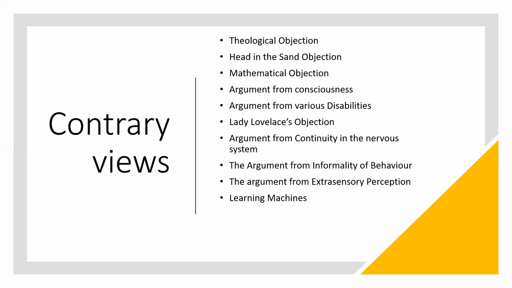For this, Turing responded that although the machines at that time were not able to show that property, it is not impossible to create equipment in the future that will think for itself. Similarly, the other contrary views were about the nervous system, behavior, and perception, and finally learning machines.